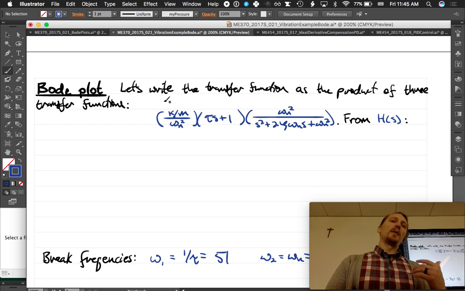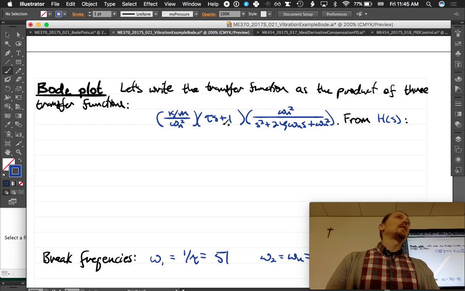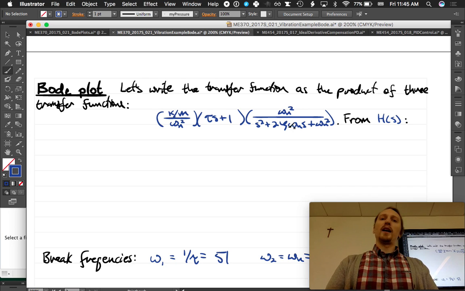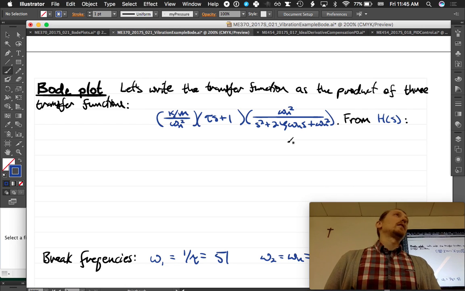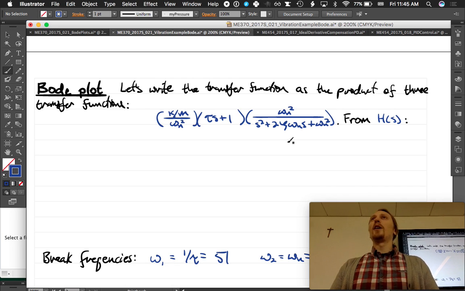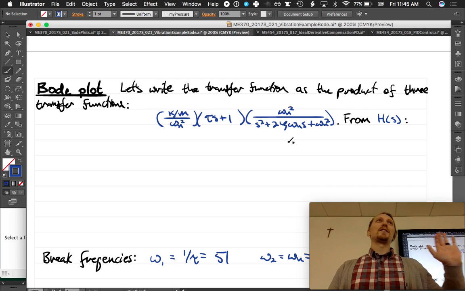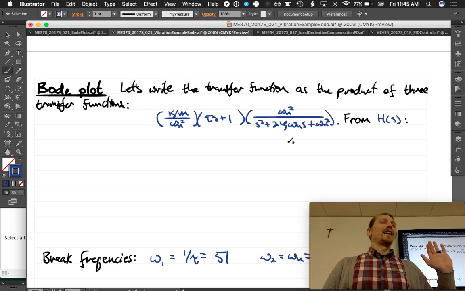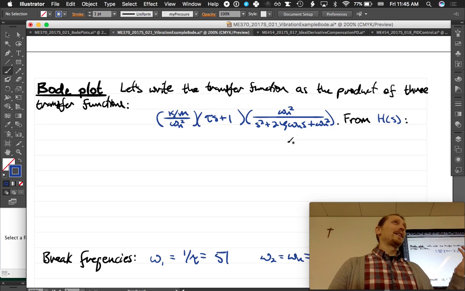So this all became a constant term. This became tau s plus 1, a first order 0, and this became the long expression there, which is just the second order conjugate pole pair. So we know how to do all of these magnitude Bode plots separately, and we just need to add them. So okay, we're ready to go now.